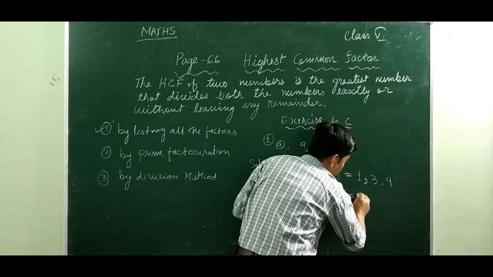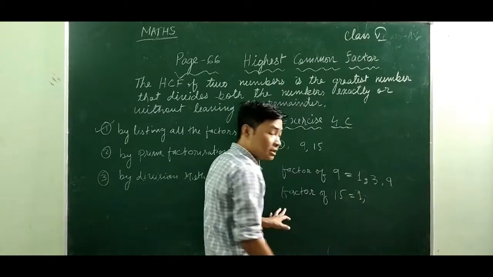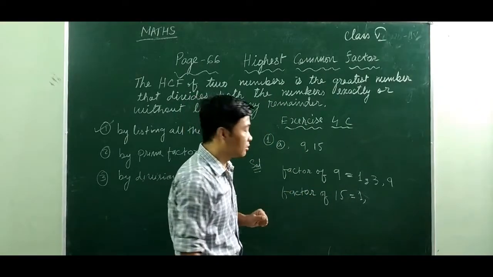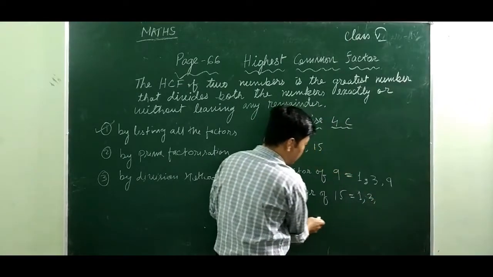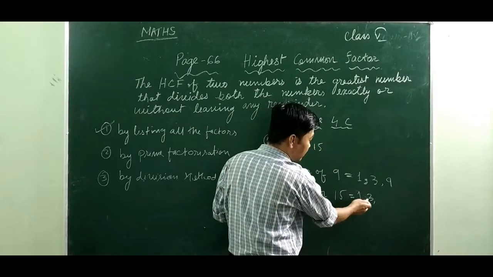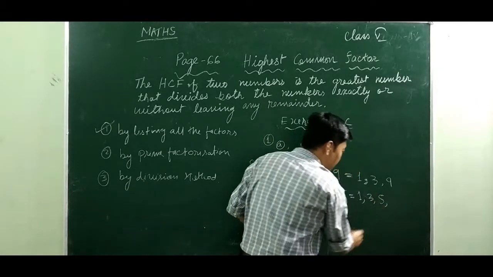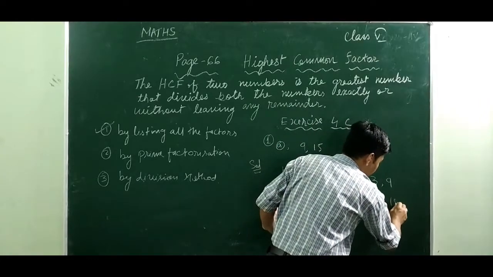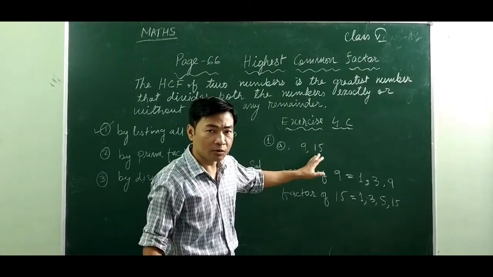Again, 15 is not there in the table of 2, but it's there in the table of 3: 3 times 5 is 15. 15 is also there in the table of 5: 5 times 3 is 15. And then 15 is there in the table of 15 itself: 15 times 1 is 15. So these are the factors of the two given numbers.